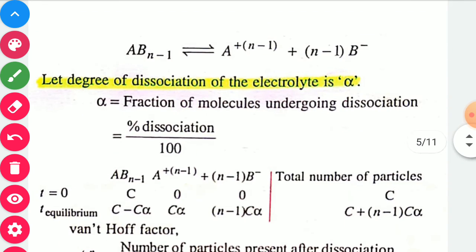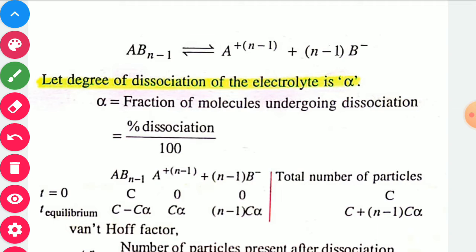So AB(n-1) gets dissociated to give A cation plus (n-1) B anion. Let the degree of dissociation of the electrolyte be alpha. Alpha is the fraction of molecules undergoing dissociation, which is equal to percentage dissociation upon 100.